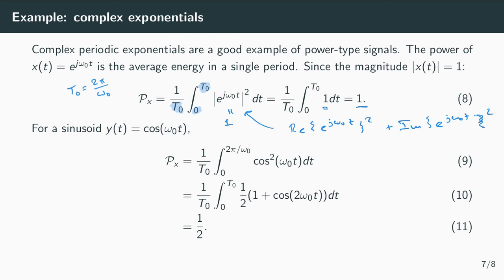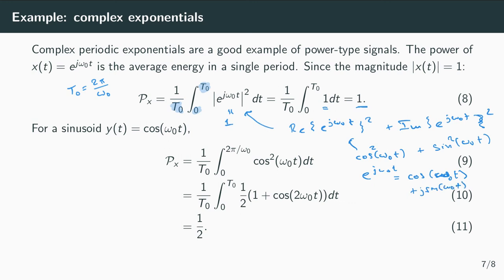And here, the real part of e to the j omega naught t is going to be cosine omega naught t, squared, and the imaginary part is sine squared omega naught t. Right, so because we're using the decomposition, e to the j omega naught t is equal to cosine omega naught t plus j sine omega naught t.